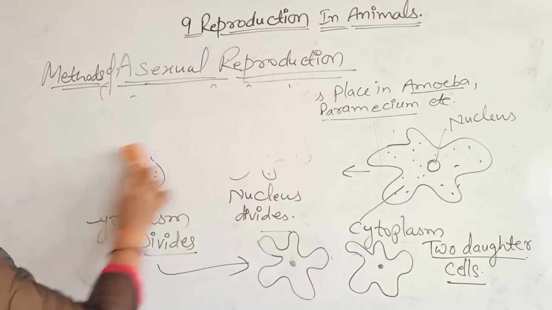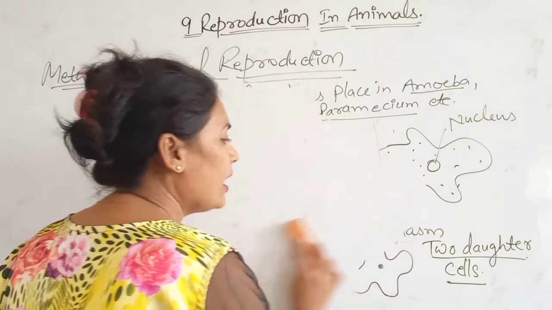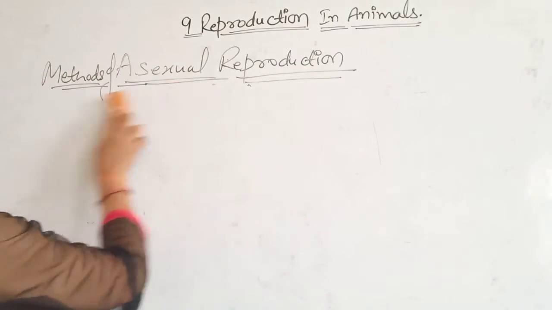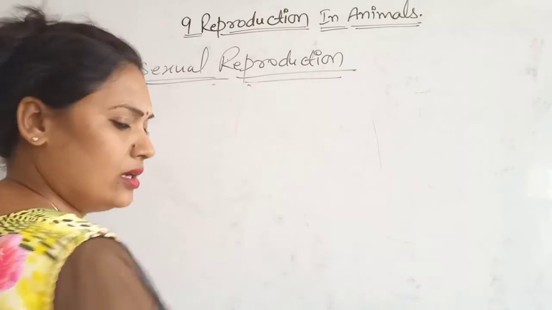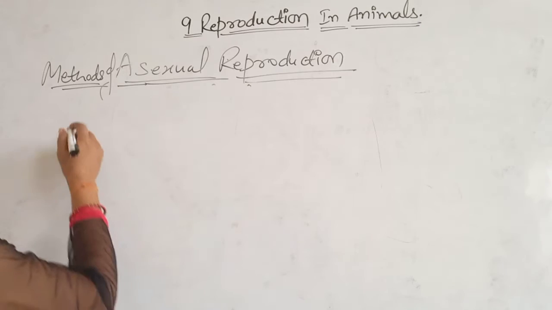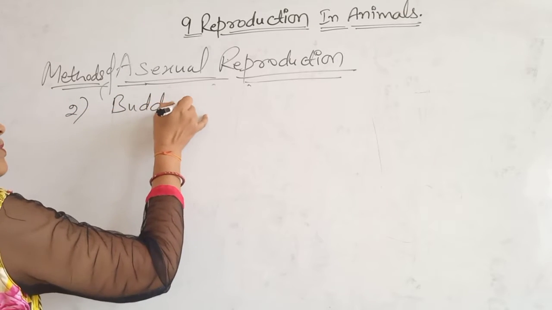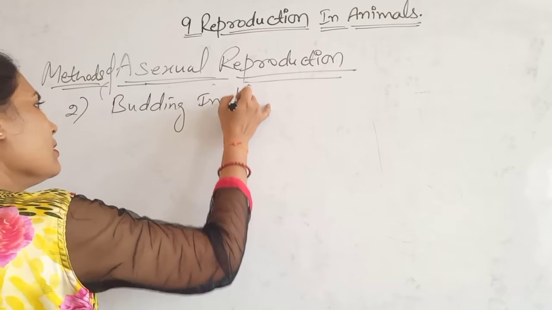So binary fission we have done. Now budding in hydra. We can start the next process, that is budding in hydra. So let us discuss budding. The second method is budding in hydra.